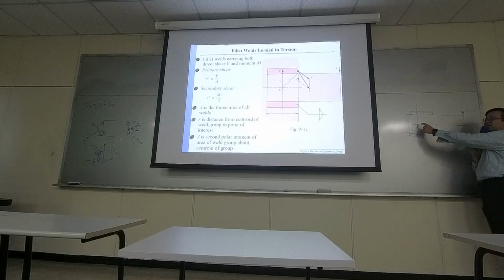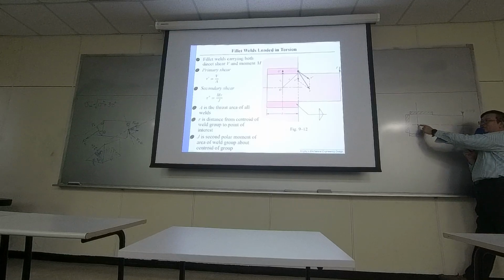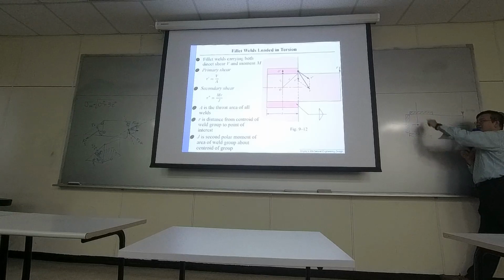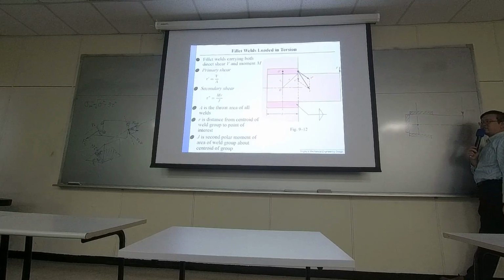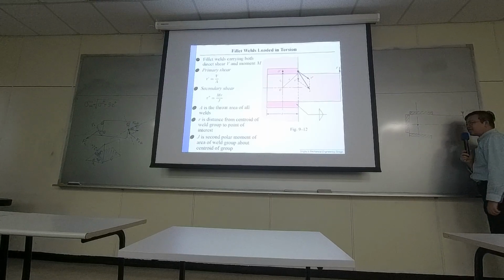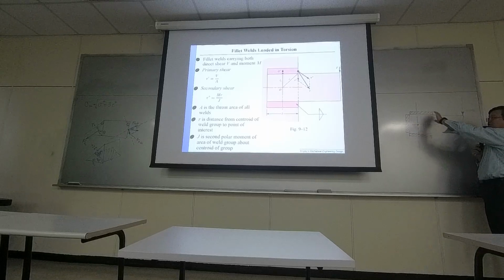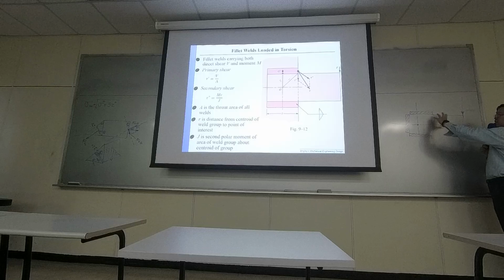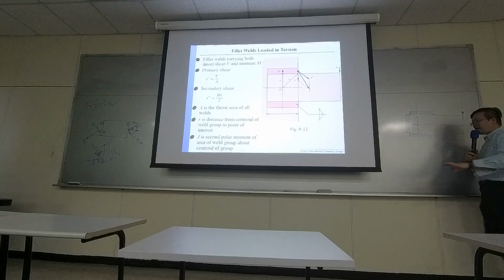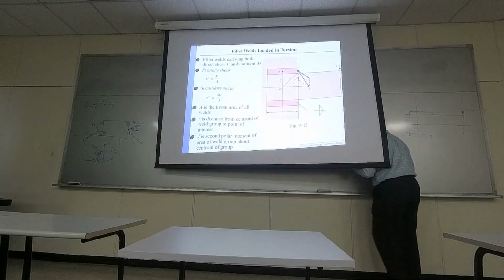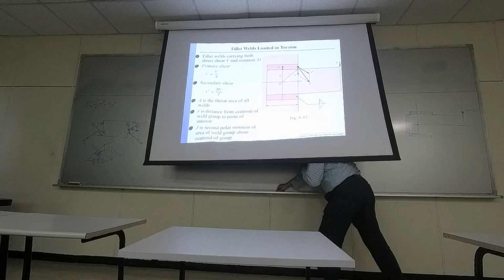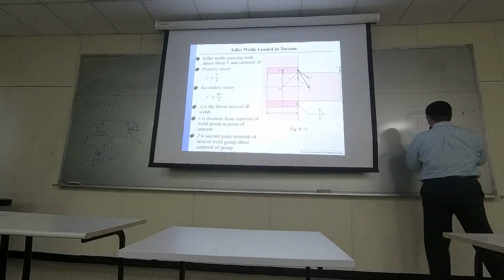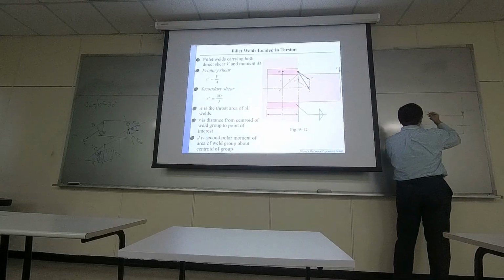That's the geometrical center of the layout of your welding material. And if, for another case, you weld this plate in a different layout, let me change the color to show you how they are different.